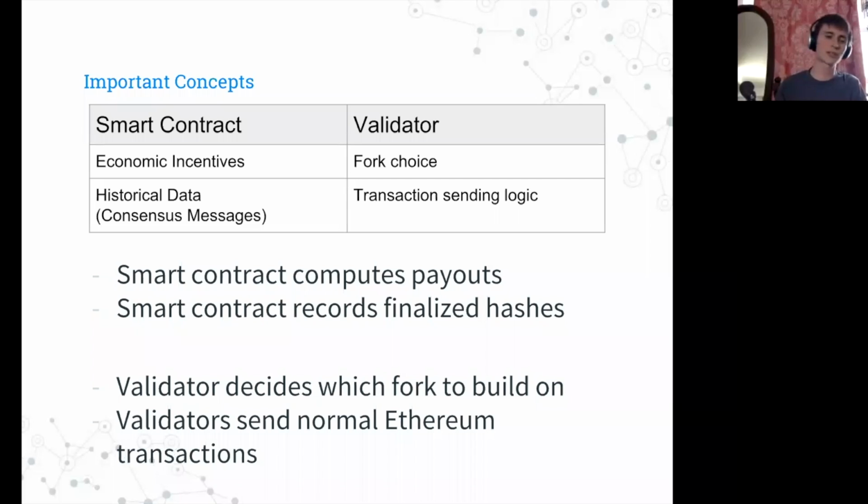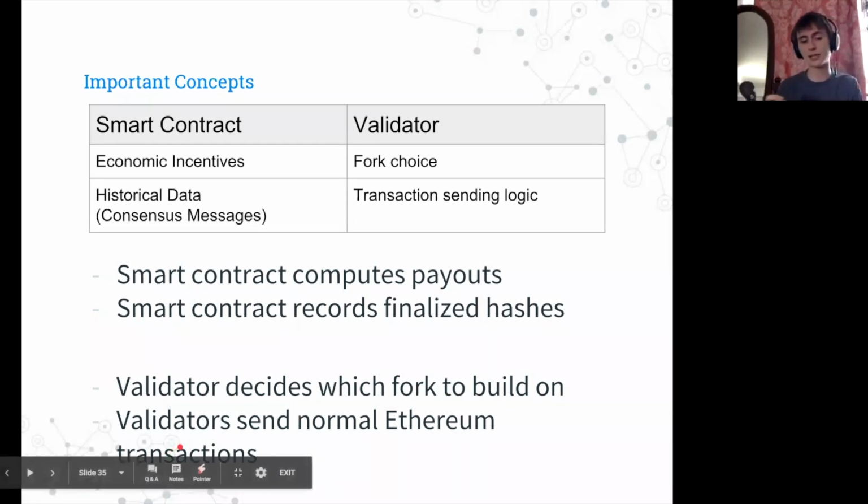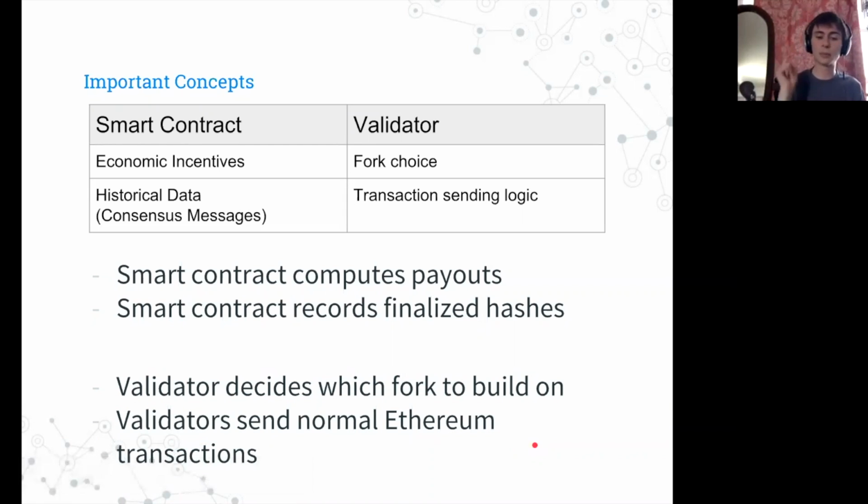Then the smart contract computes the payouts and records finalized hashes, and all the hashes that are ever submitted. The validator decides which fork to build on and actually sends the transactions. And remember, they are normal Ethereum transactions, just with the data field having those consensus messages that we talked about.